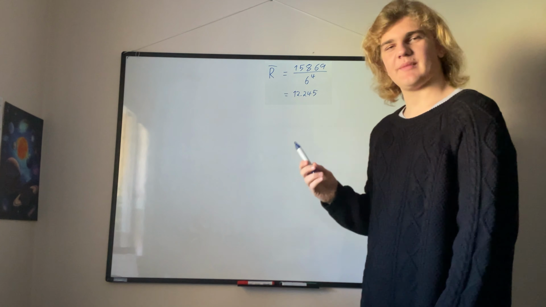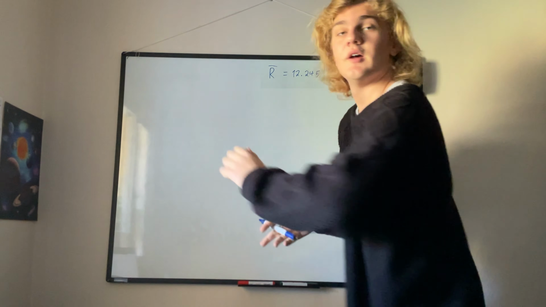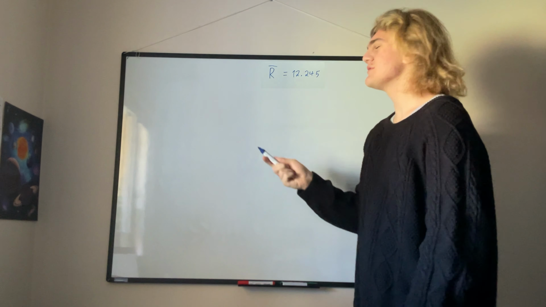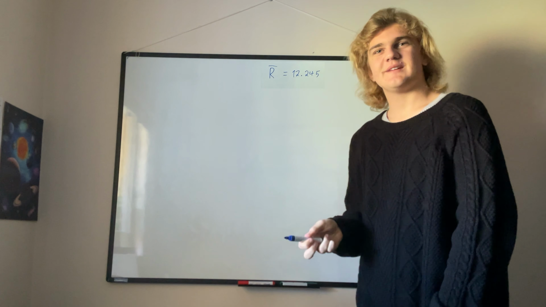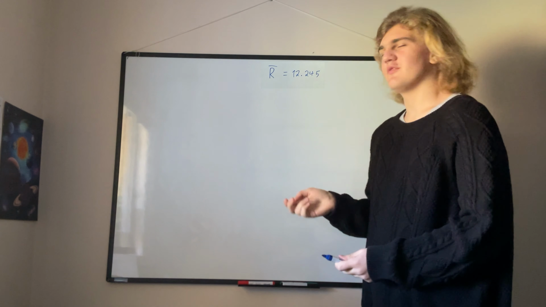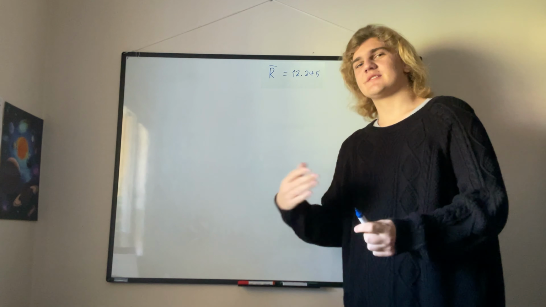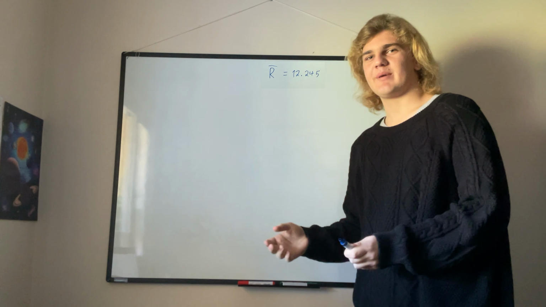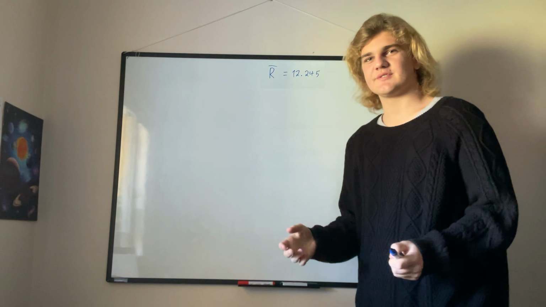So this would be the mean of our randomized data. Of course, do take note that this is randomized information, which means that you're not guaranteed to get an average of 12.245, but we will discuss this more later on when we are comparing and looking at how accurate our results actually are.